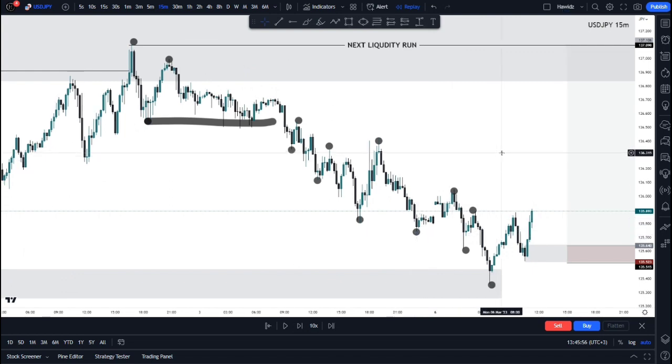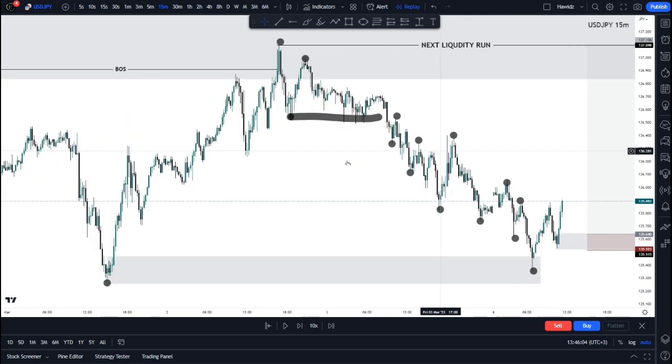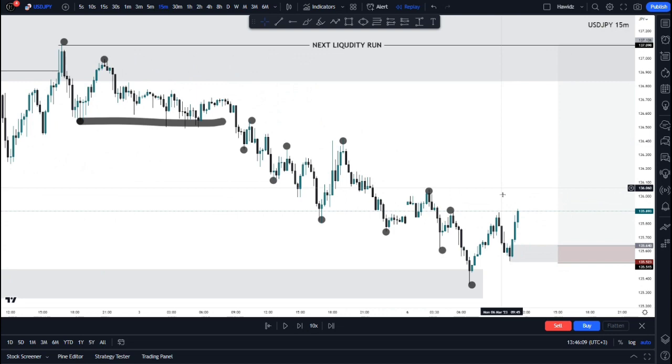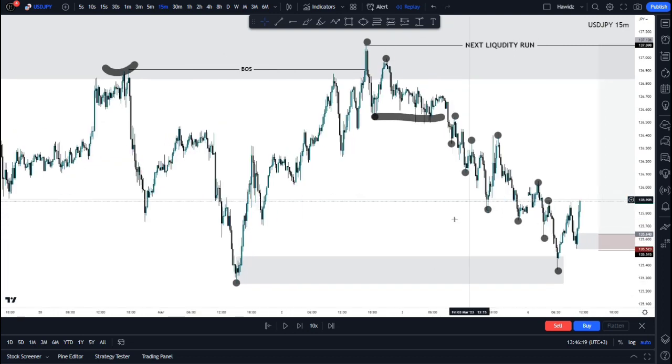Now, if price is bearish, what do we need to see in order to take a bullish trade, a buy trade from here? We need to see this bearish trend change and realign bullish, in order to realign with the overall outside major trend.